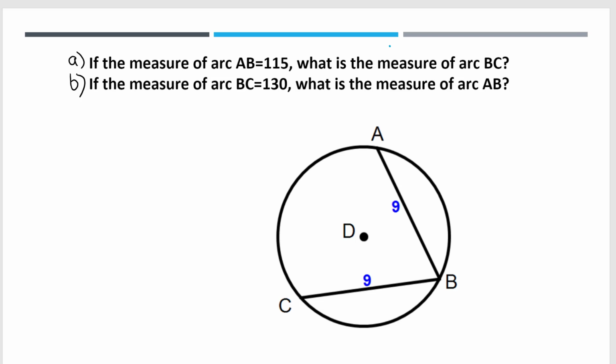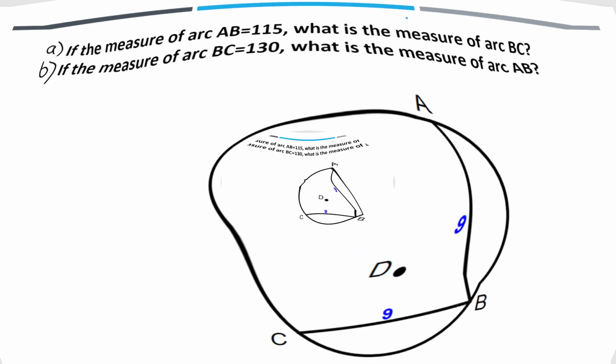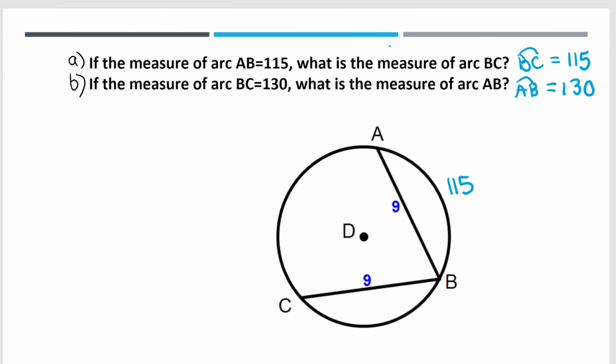Now you guys can try this one on your own, so pause, answer the question, and then I will put the answer up so you can compare. And here are the answers.